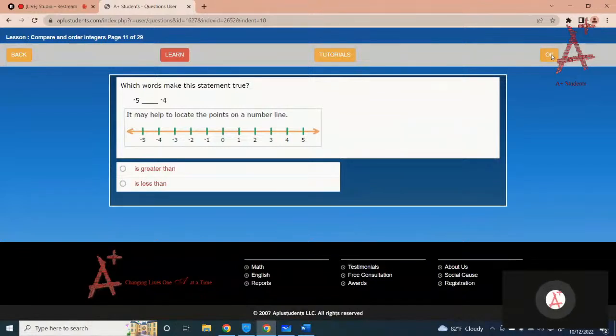Okay. Which word makes the statement true? Negative 5 and negative 4. Hold on, only Nancy has to answer. Nancy, negative 5 is greater than negative 4 or less than negative 4?